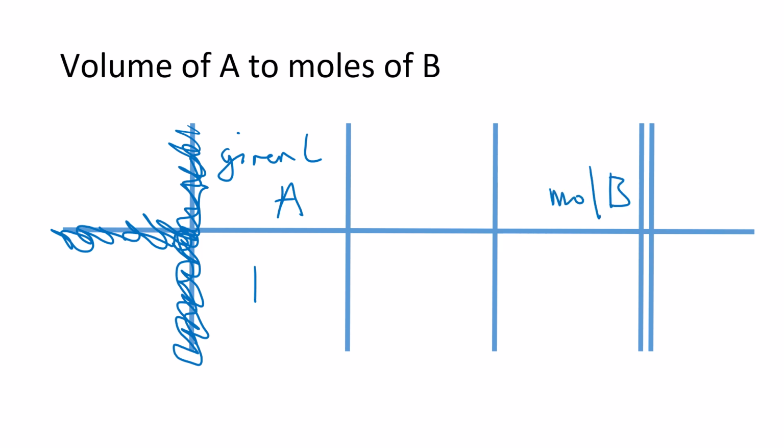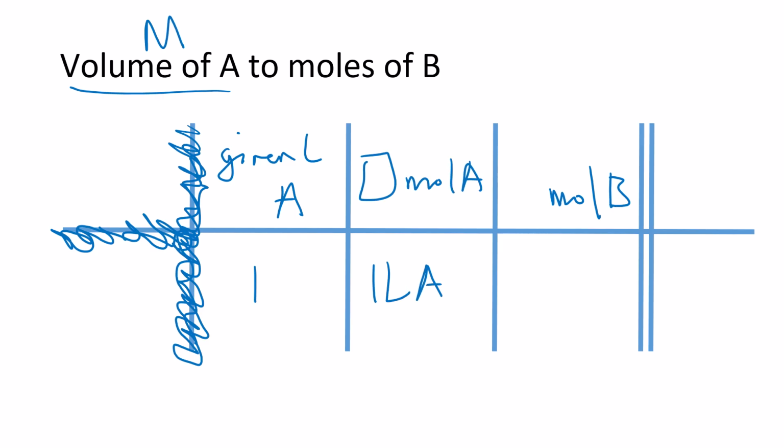So obviously you're going to have to use your mole to mole ratio, but we've got to figure out when that'll be the case. So if you have a volume, you're going to be given another molarity in your problem. So it's your molarity in moles of A over 1 liter of A. Then now that you have moles of A, you can convert over to moles of B with your mole to mole ratio, which comes from your balanced equation.